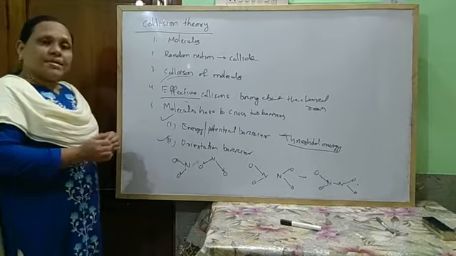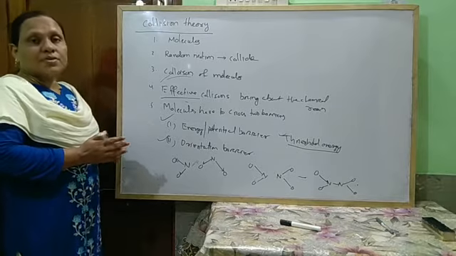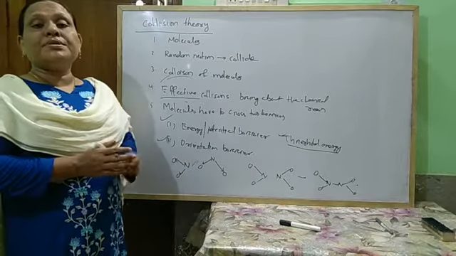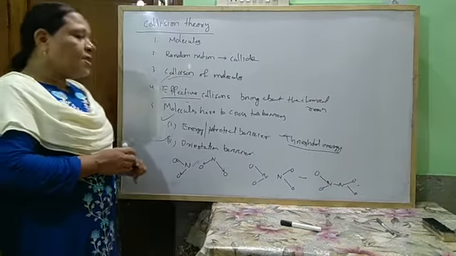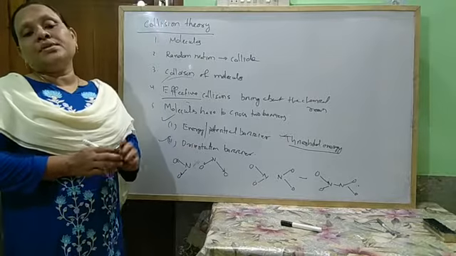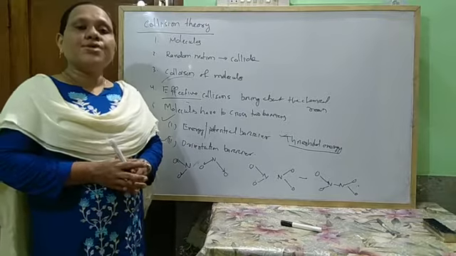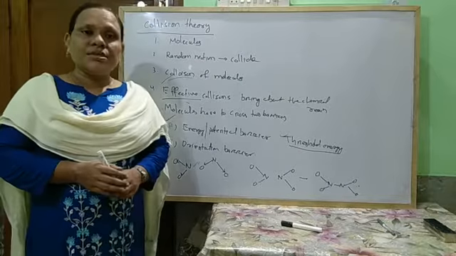To get an effective collision, the molecules have to cross two barriers. One is the energy barrier, which means they should have energy greater than or equal to the threshold energy, and the other is the orientation barrier, which means the molecules should be properly oriented. So this is some idea about collision theory.